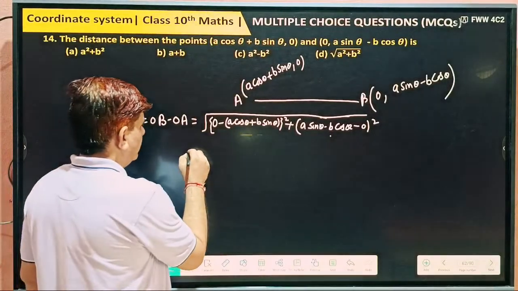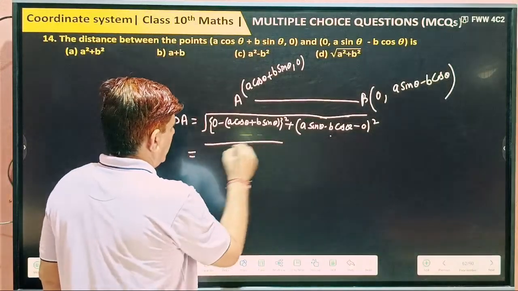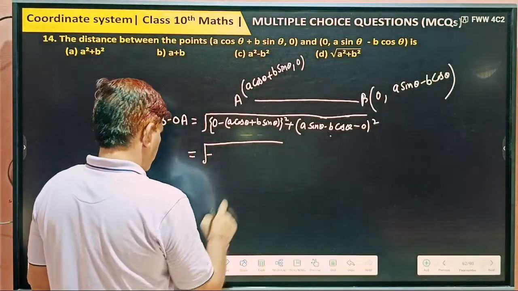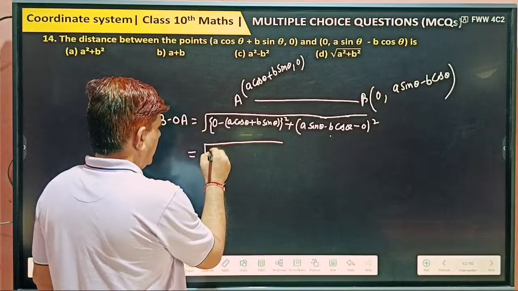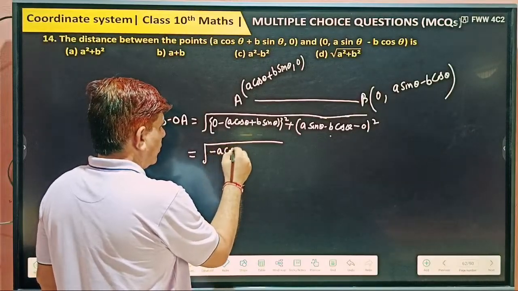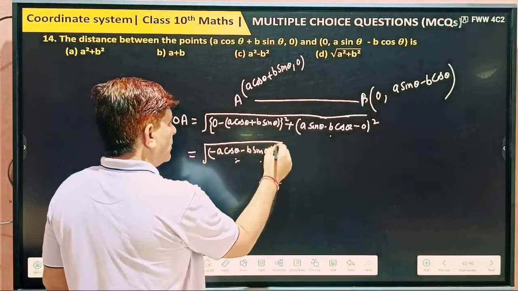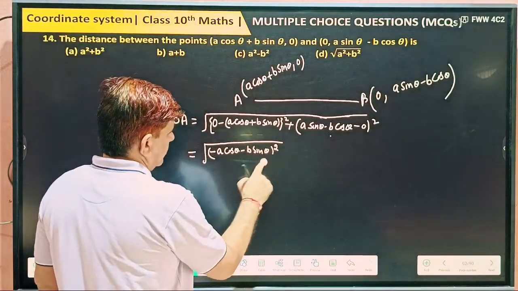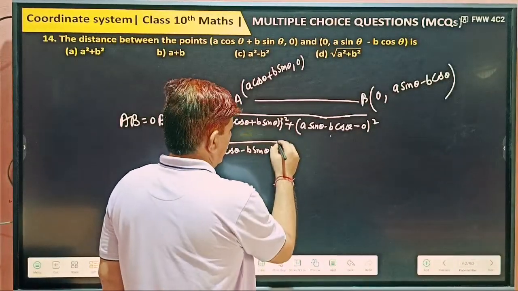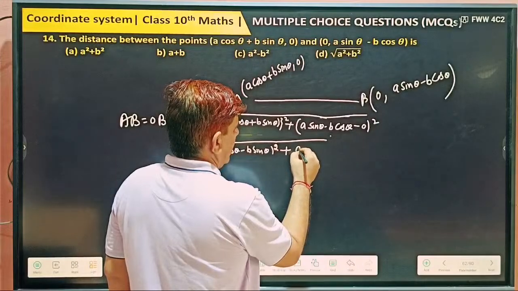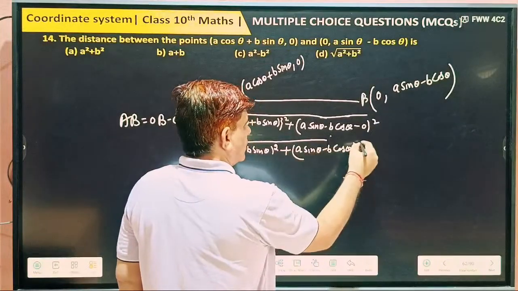So you have to find out minus A cos theta minus B sin theta whole square. Right or wrong? Understood? Just calculation. Plus A sin theta minus B cos theta whole square.